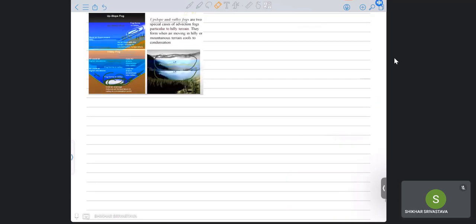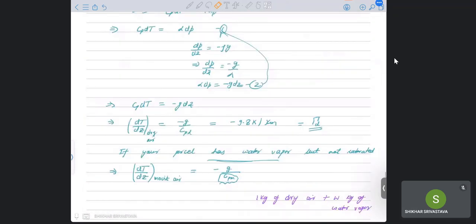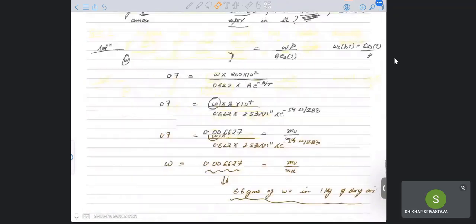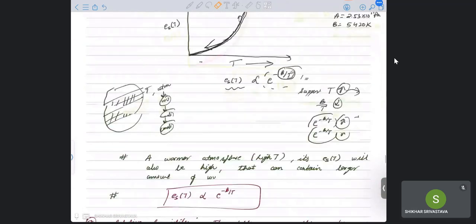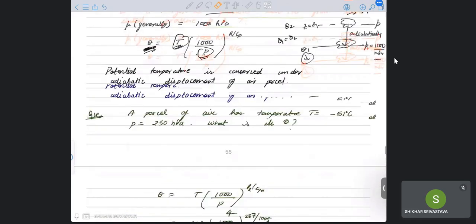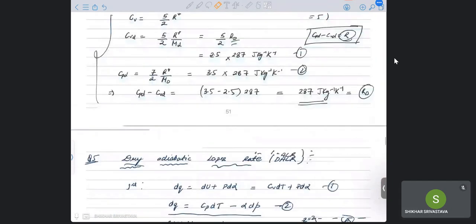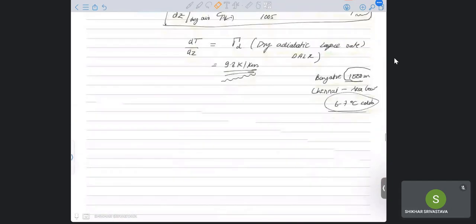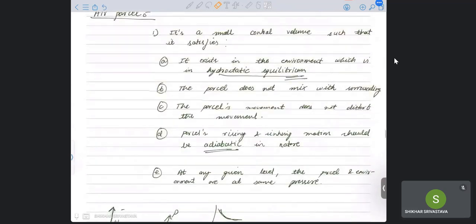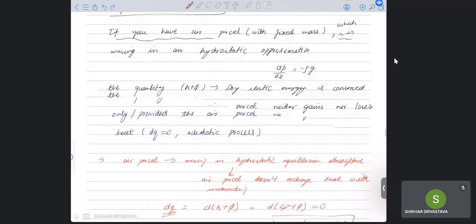So I will go back to some class where I had written some assumptions. I won't write it again. Somewhere I wrote, yeah. When I introduced the concept of air parcel, which lecture is it in?